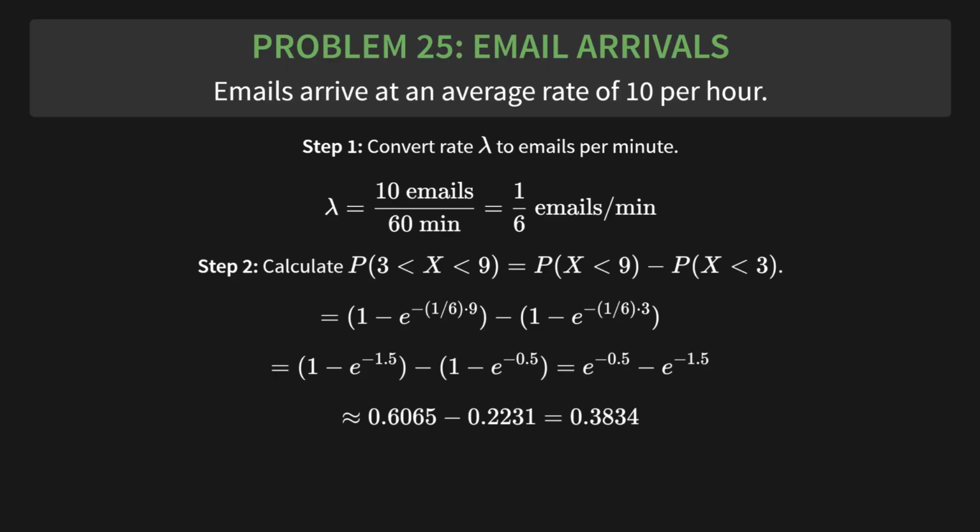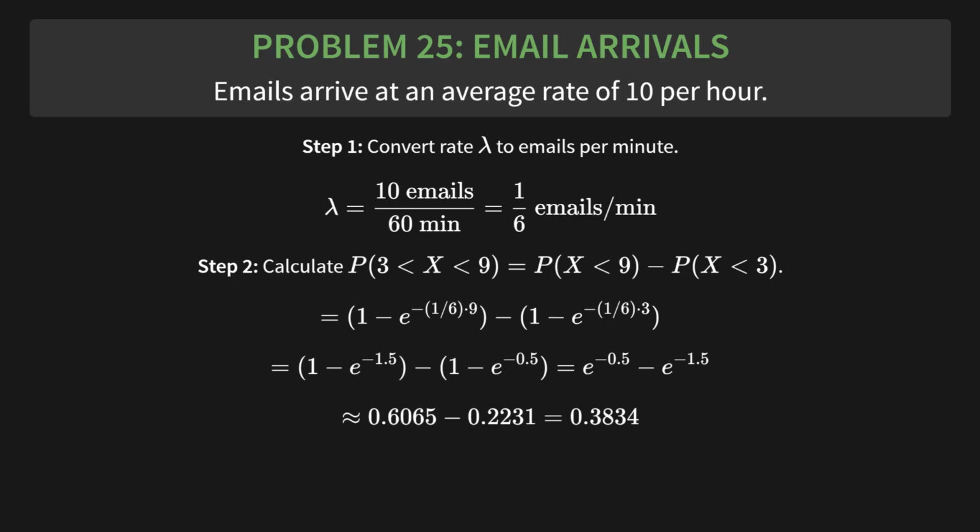We do this by finding P(x < 9) and subtracting P(x < 3). Using our formula, that's (1 - e^(-1/6 times 9)) minus (1 - e^(-1/6 times 3)).